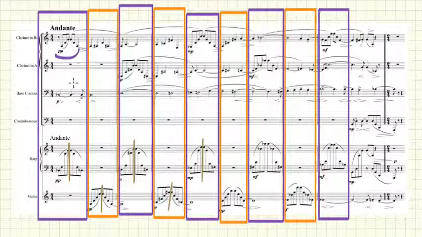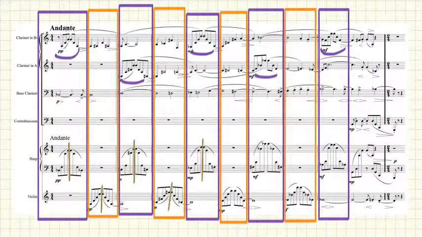The clarinet is playing there. And next time it's the other clarinet, so we have B flat clarinet, A clarinet, and bass clarinet, so it's the A clarinet playing. And next time we have the first clarinet, and then the second clarinet, and the first clarinet again. So we have another pattern going on here.